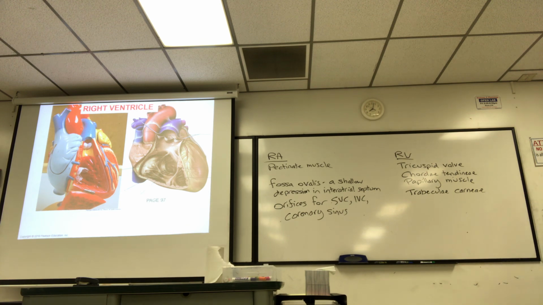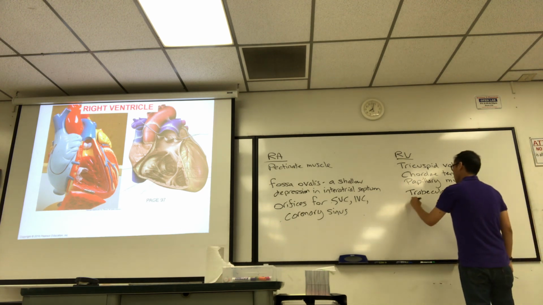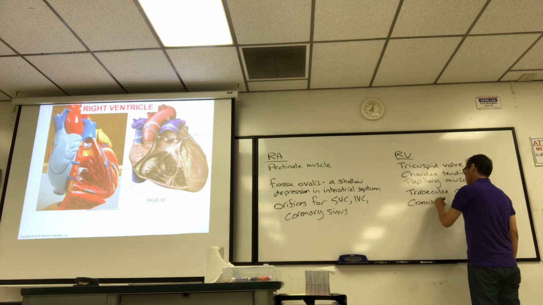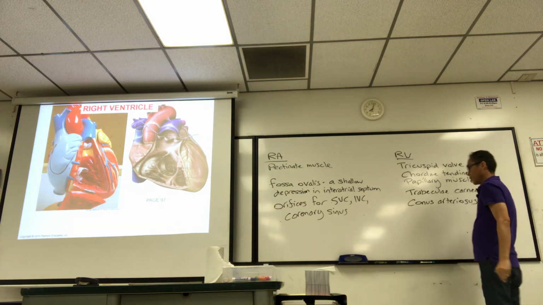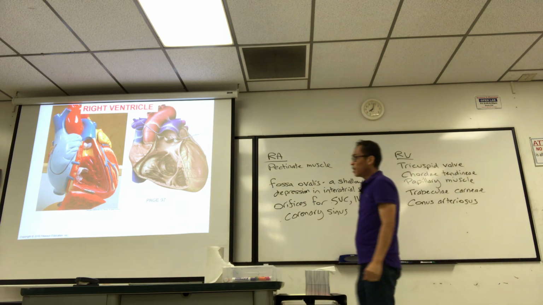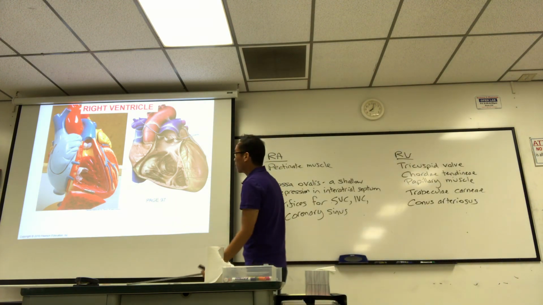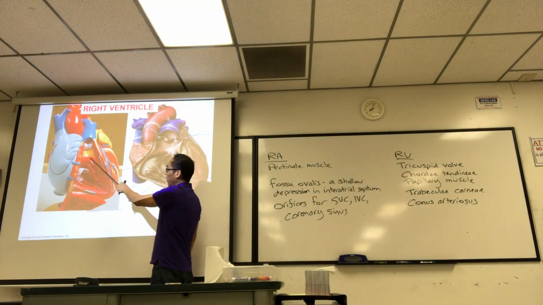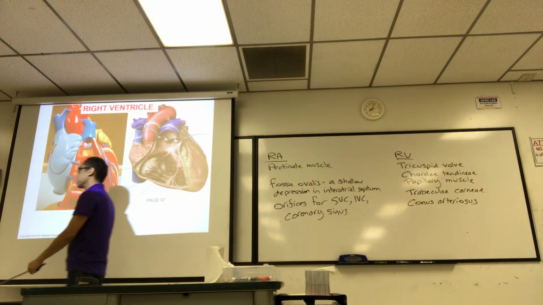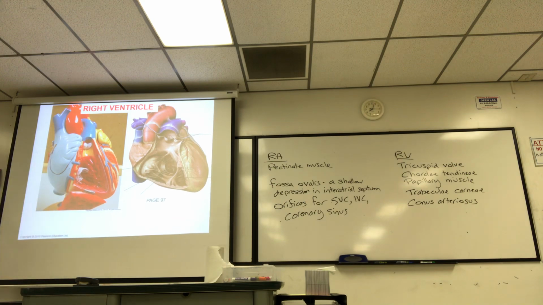The other thing I mentioned that's in the RV, not the LV, is the conus arteriosus. It's just the funnel part of the ventricle. I would put the sticker right here, right before the valve.